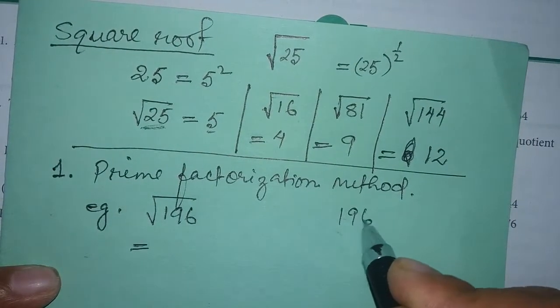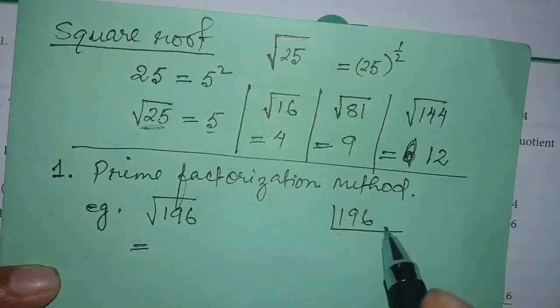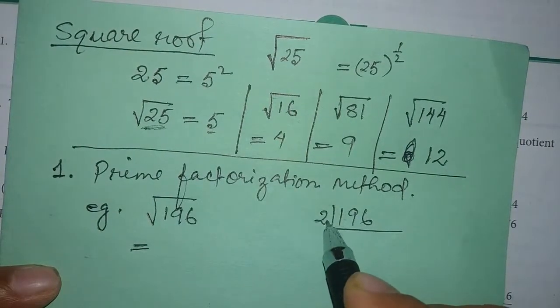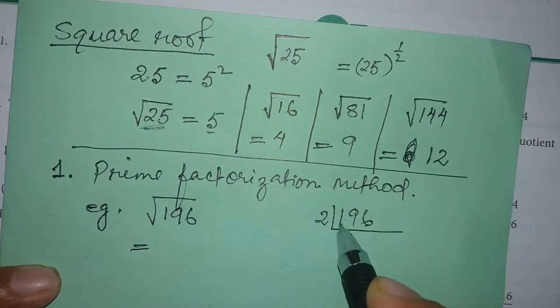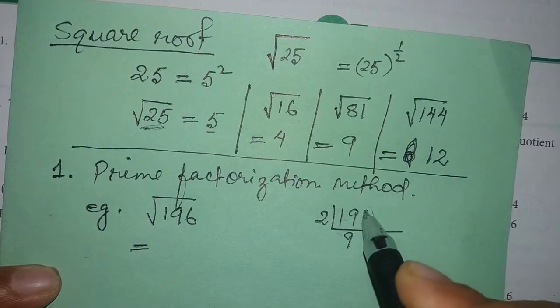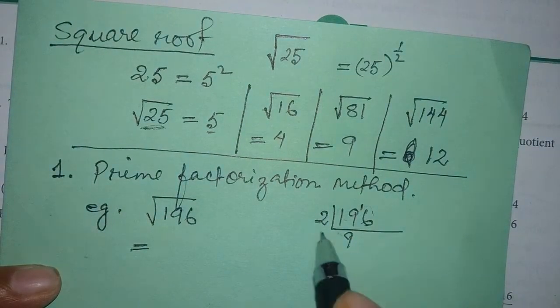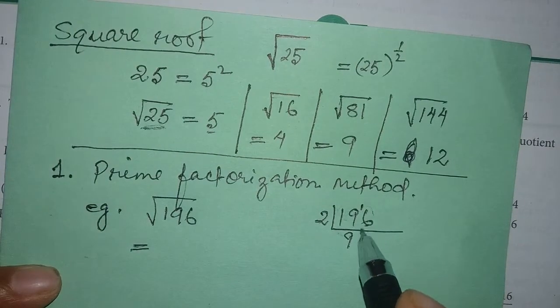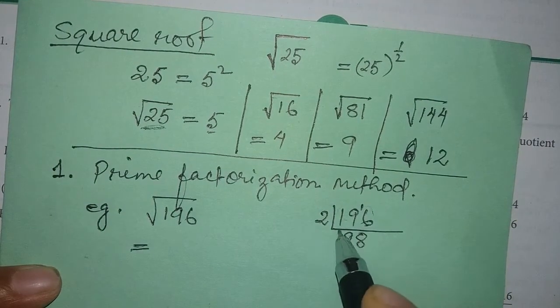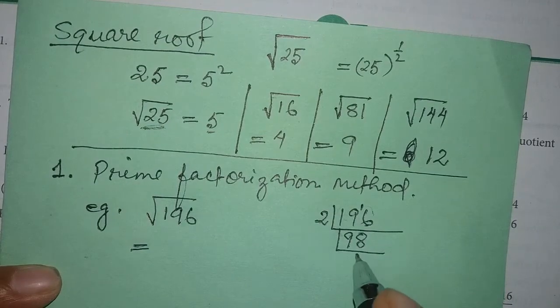Prime factors of 196. Okay, so this last digit is 6, so this is divisible by 2, so we're going to divide by 2. So 2 nines are 18, so 1 remainder here. Now this becomes 16, 2 8s are 16. Now again you can divide by 2 because the last digit is 8, even number.